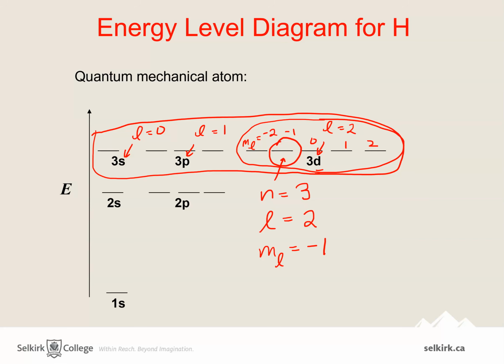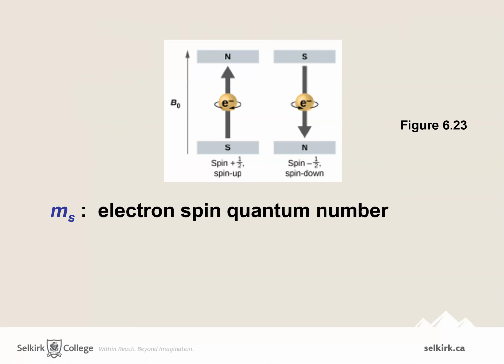Okay, we've got 3 quantum numbers here, and they uniquely define an orbital, but as I say, we're going to start putting electrons in them. I'm going to need a 4th quantum number to define the electron itself.